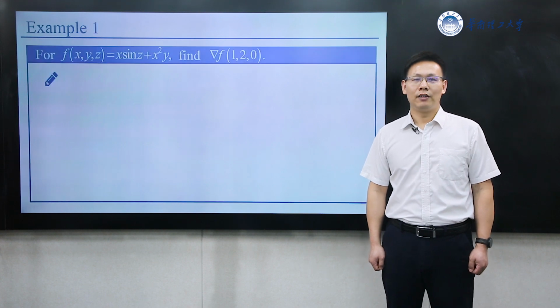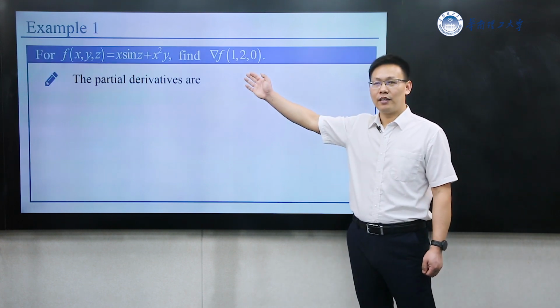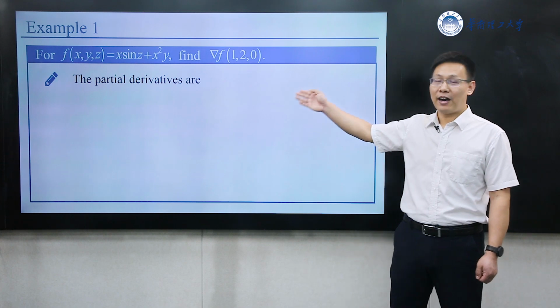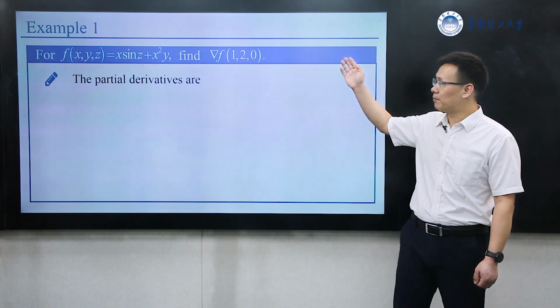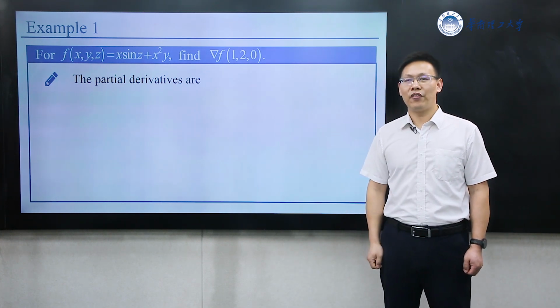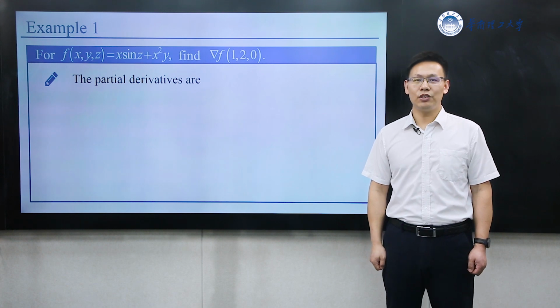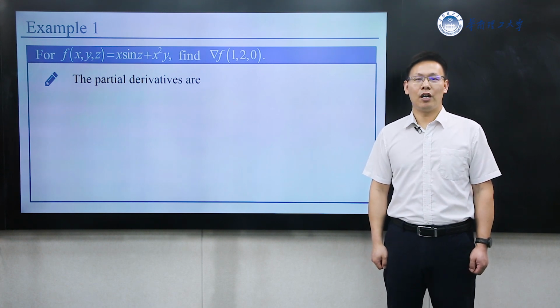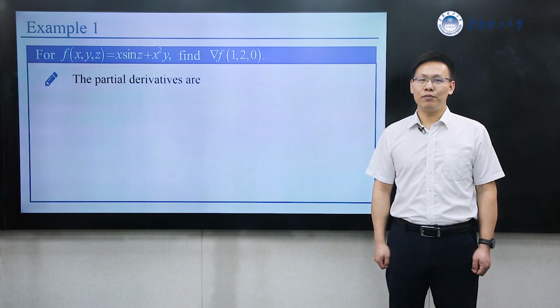Example 1. For the following f(x,y,z), find its gradient at the point (1, 2, 0). Solution. By the definition of gradient, we need to compute the three partials.